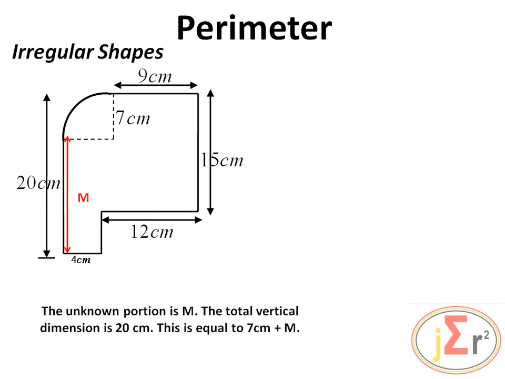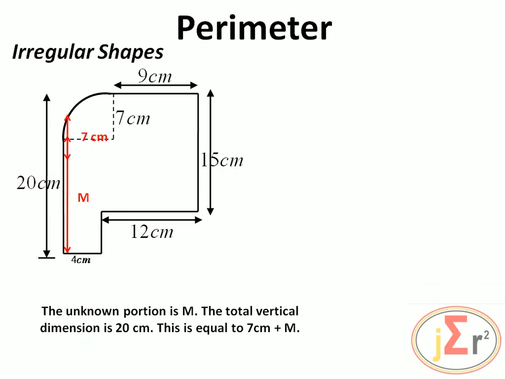So the unknown portion is M. The total vertical dimension is 20, as we have it right there. This is equal to 7 centimeters plus M. So all of this is 20, this part that goes up to there is M, and we know that this is the radius that goes up some more or completes the distance, which is 7.